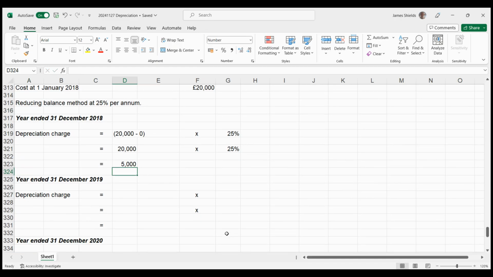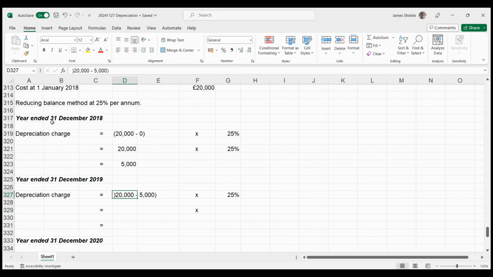So that's our depreciation charge for the 31st December 2018 year end. And the following year end, 31st December 2019, again we do the cost, which was £20,000, take away cumulative depreciation, that's depreciation in the past, which is the one for the previous year, 5,000, then times by our 25%.